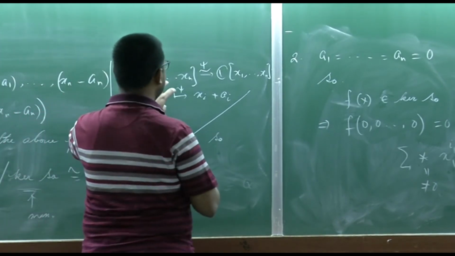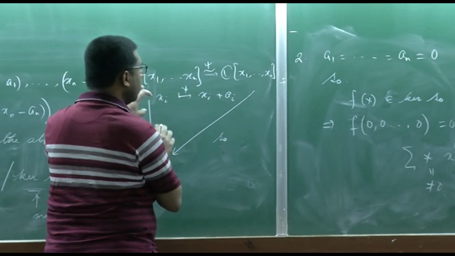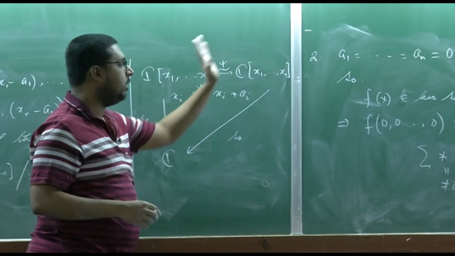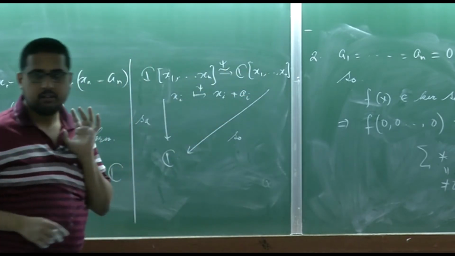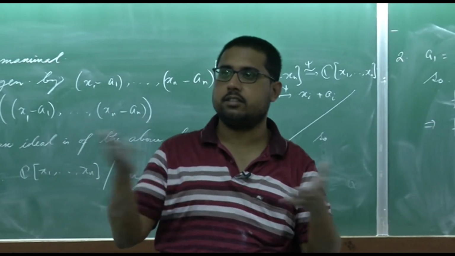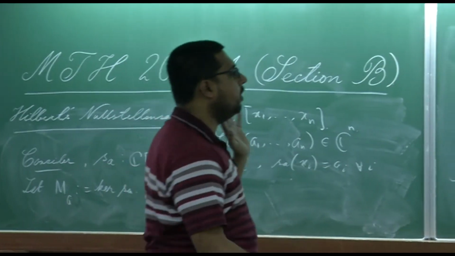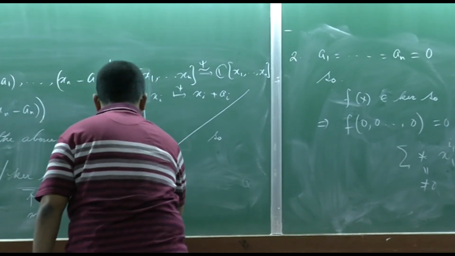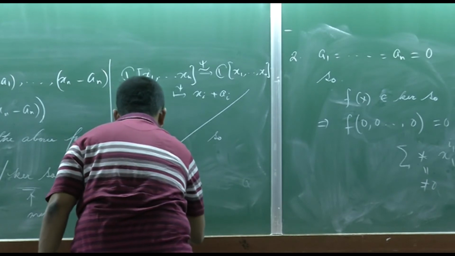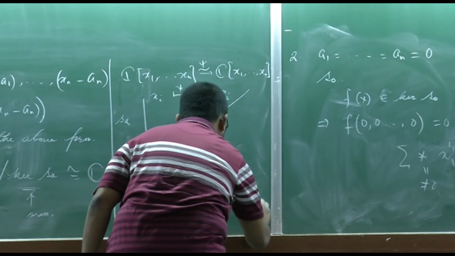Under this automorphism, the kernel of SA is mapped by psi to the kernel of S naught, and the kernel of S naught is maximal. Since maximality is preserved under isomorphism, psi is an isomorphism and psi of the kernel of SA is exactly the kernel of S naught.